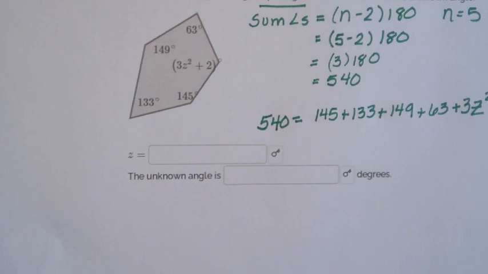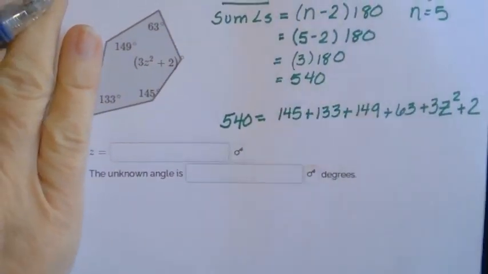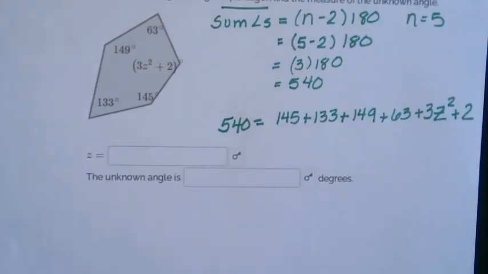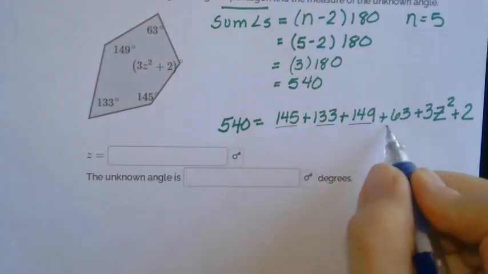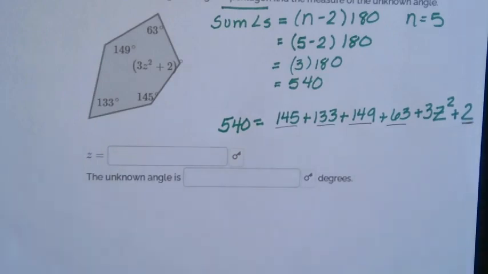So now we just have to solve that equation. It's running off the screen. So add up all your like terms, so all of our numbers without a variable are all like terms.